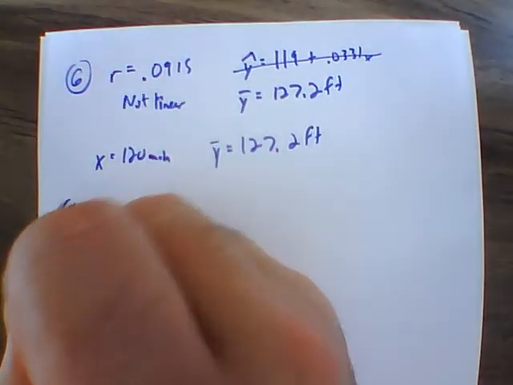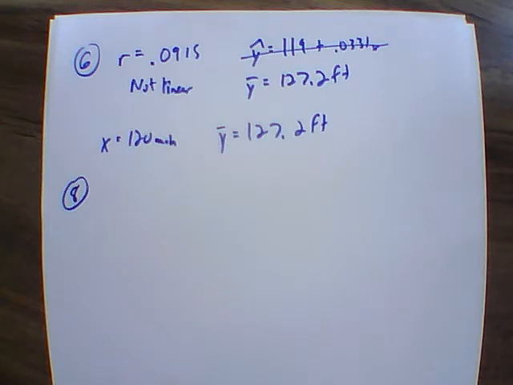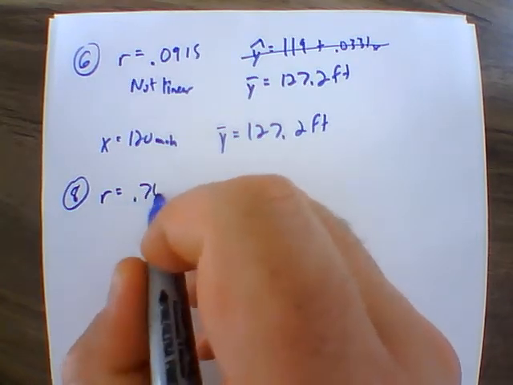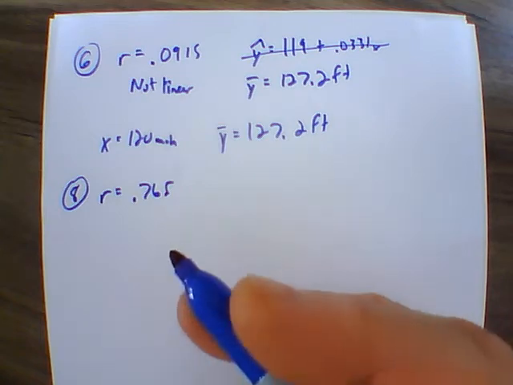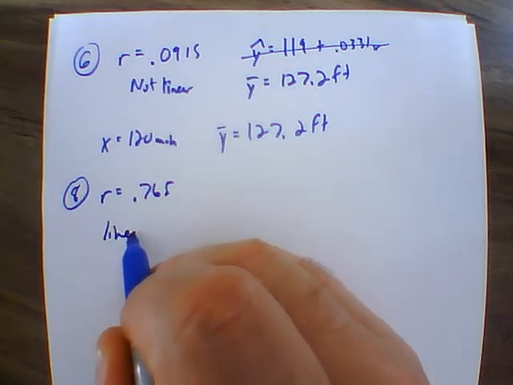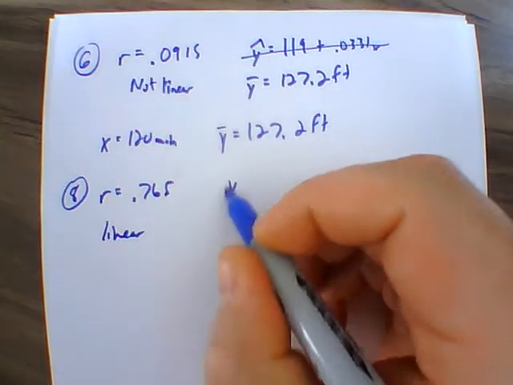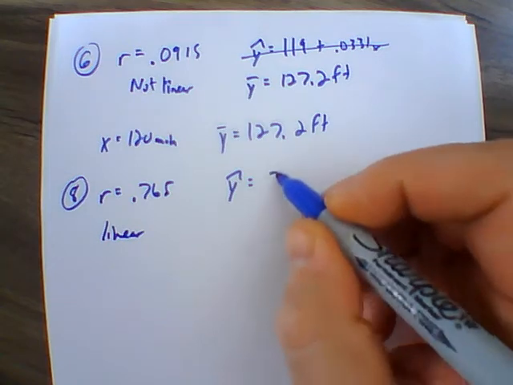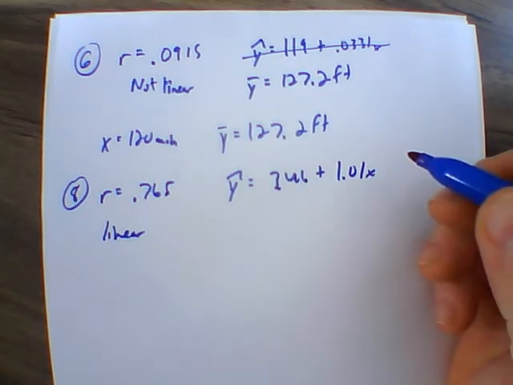Number 8 talked about the cereals, once again, the sugars relating to the calories within here. We had an R value of 0.765, which was a higher R value than our critical value, so we deem this to be linear. Now, on here they gave us our y hat equals 3.46 plus 1.01x.